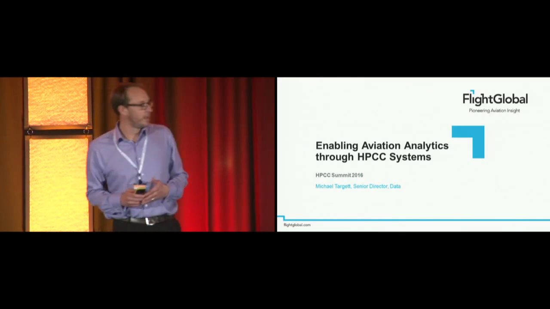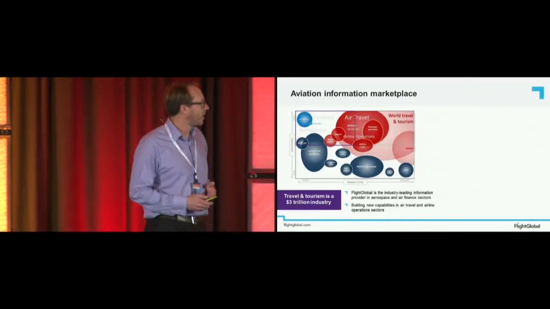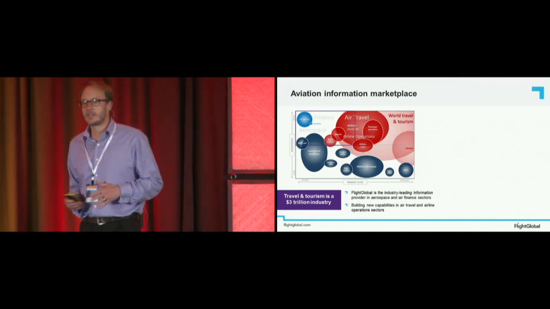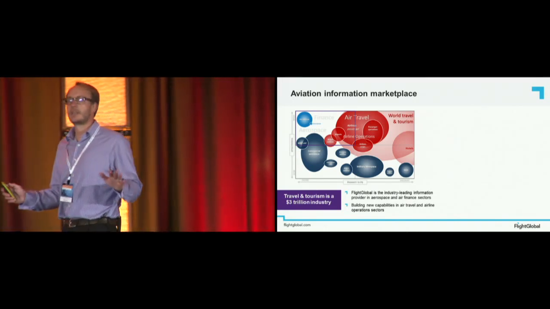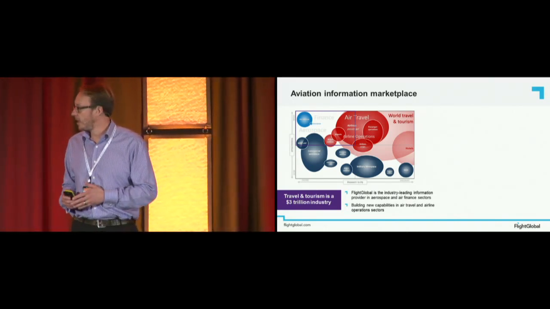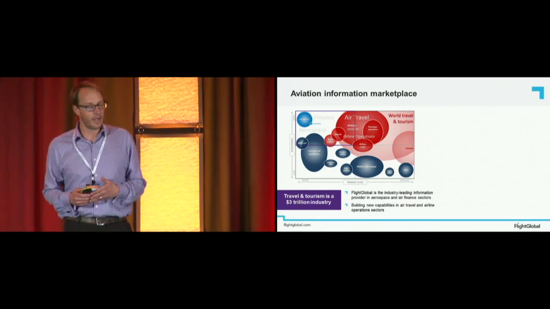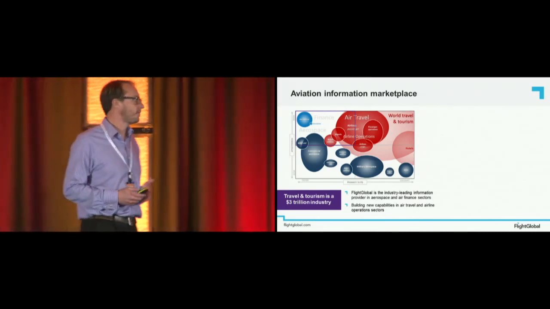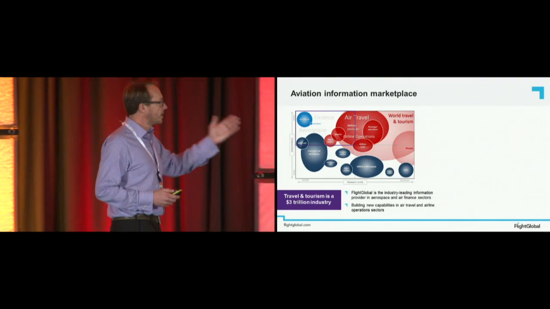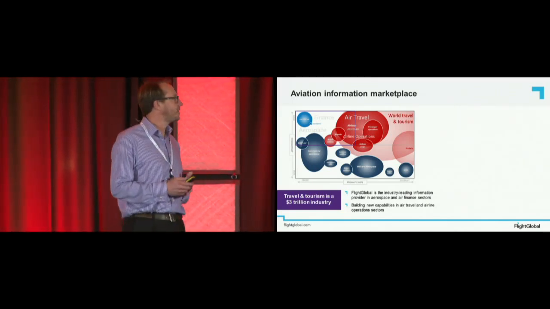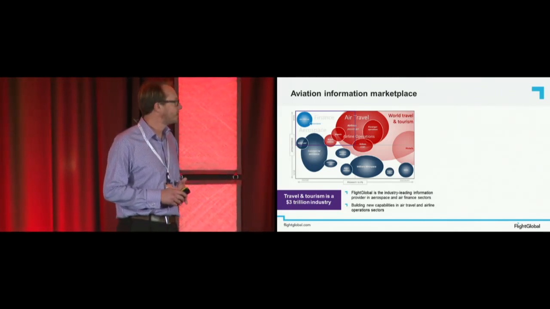So, cracking on then, I've got a couple of slides just to set the tone, a bit of context, so we can understand more why the new capability is important to us and important to the industry. This is the aviation information marketplace.